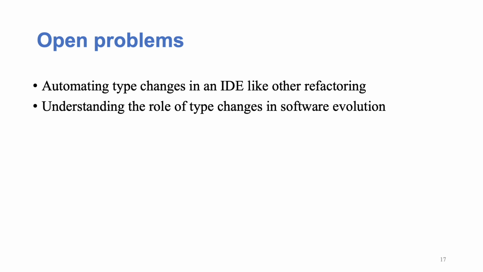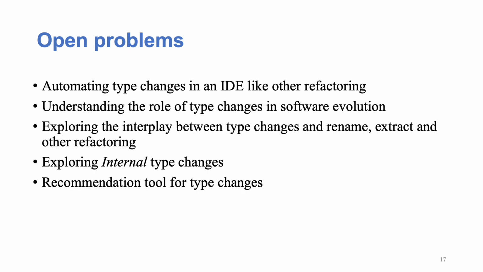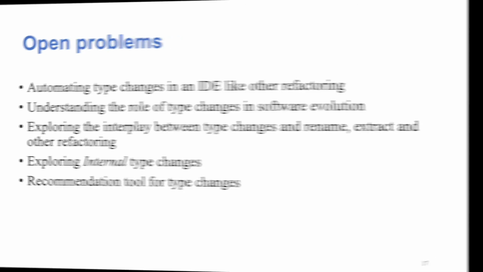Since our dataset contains details about the type changes performed when a particular library was updated or migrated, it could be used to understand the role a type change plays in software evolution. It would be also interesting to explore the interplay between type changes and other refactorings, especially rename, extract, and pull up. Our dataset can also be used as a starting point to create a recommendation system for type changes.